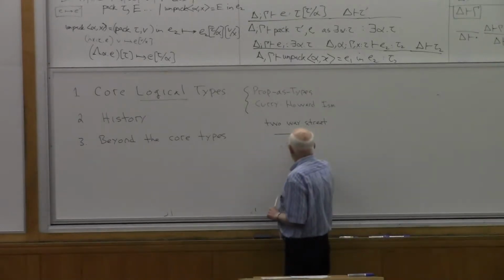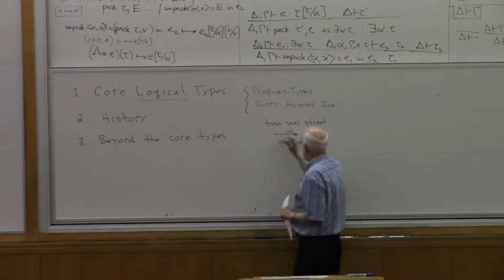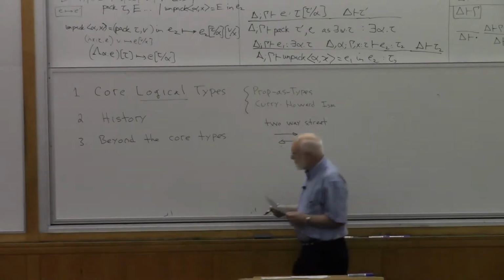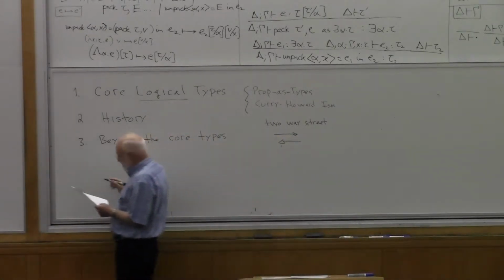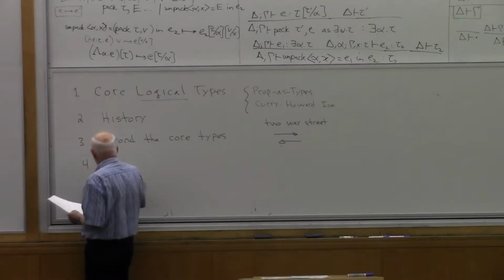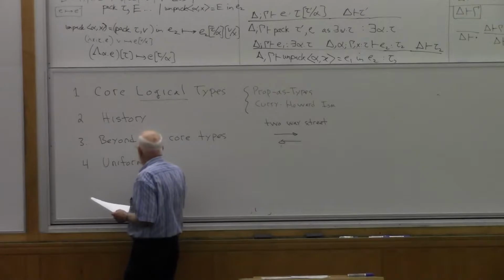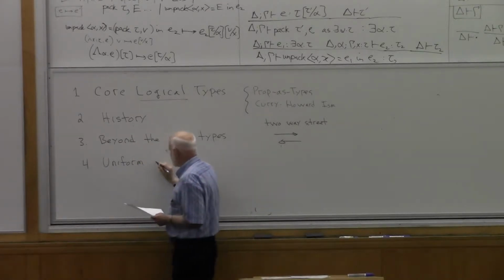So we want to go both ways, at least examine the two directions on that street. And one of those directions I'll talk about today leads to a new concept in logic, so I'm going to call it by its logical name.